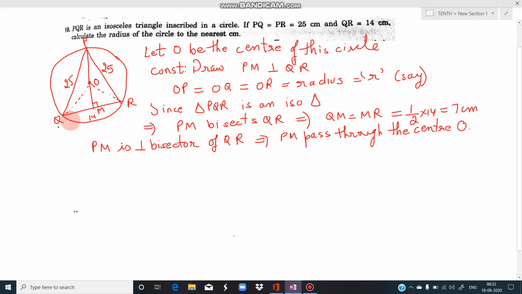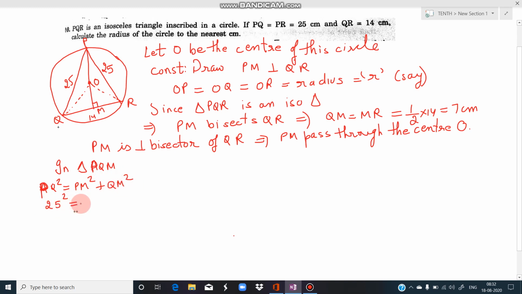Now the question is to find the radius. How are we going to find it? We just have to apply the Pythagoras theorem in the two right angle triangles we are getting. We take the triangle PQM and apply the Pythagoras theorem. PQ square is equal to PM square plus QM square.